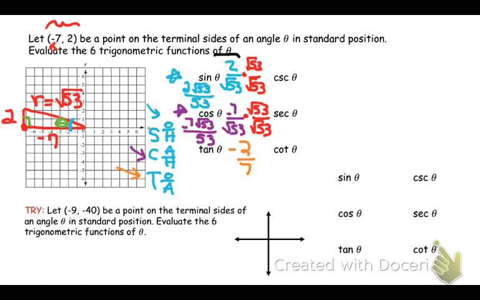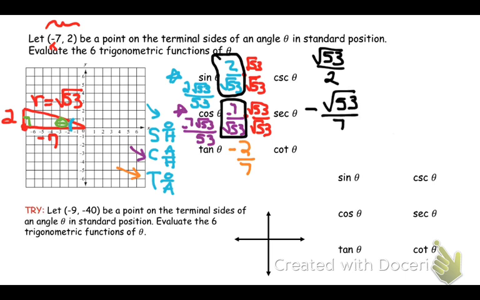So if I go to our original, it's okay to have the square root 53 in the numerator, so it's going to be square root 53 over 2. Again, we can go to our original answer before we rationalize, so we end up with negative square root 53 over 7. And for the last one, it's just negative 7 over 2.